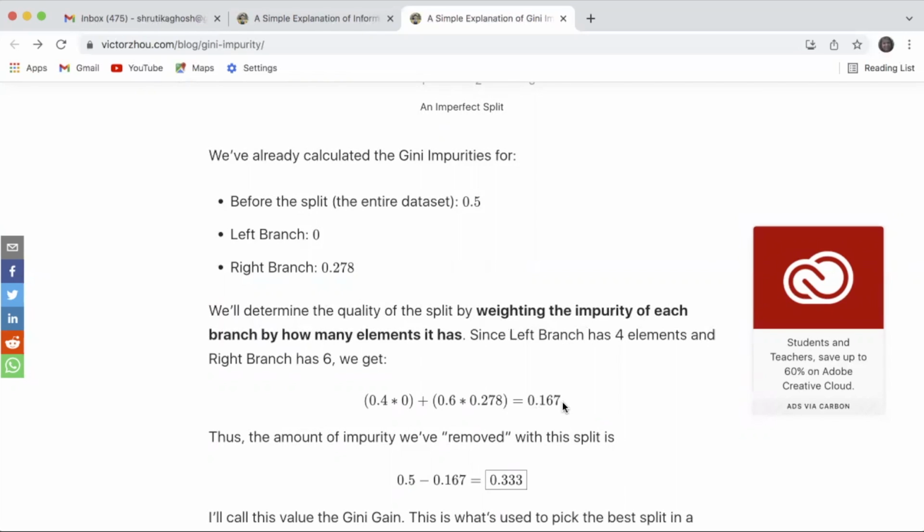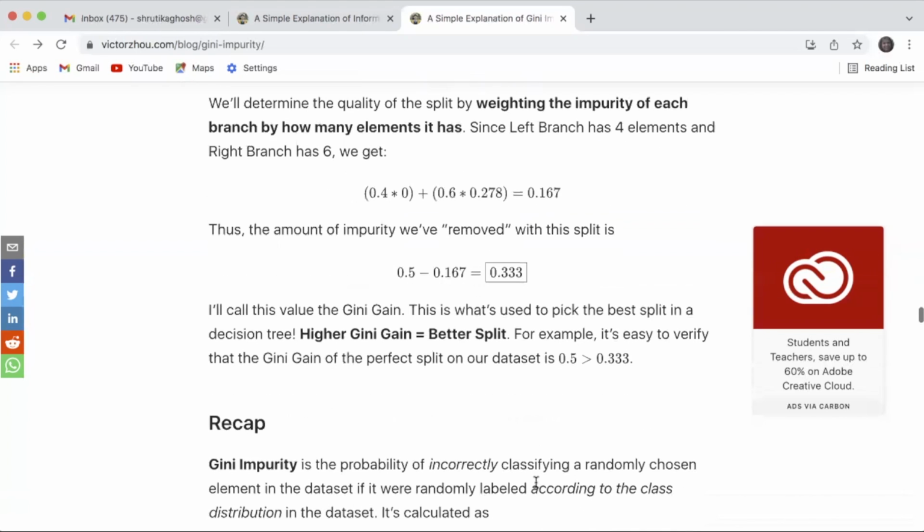So what is the Gini gain? Gini gain is equal to the Gini impurity of the parent minus the Gini impurity of the summation of all children. The Gini impurity of the parent was 0.5, and of the summation of all the children was 0.167. So the Gini gain is 0.333 in this case.